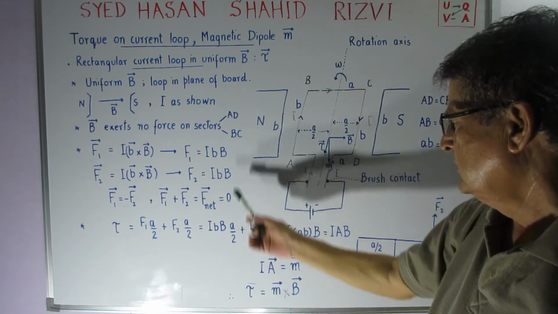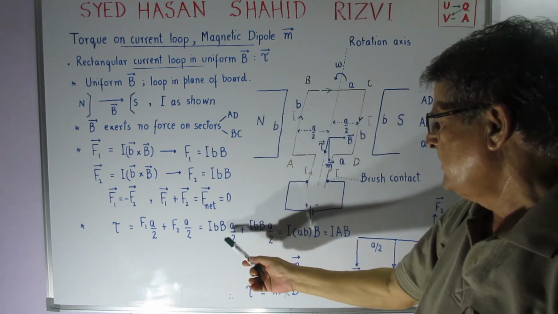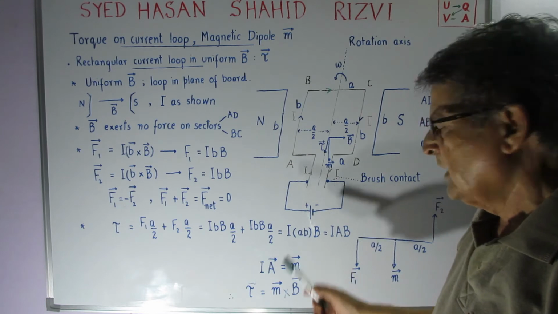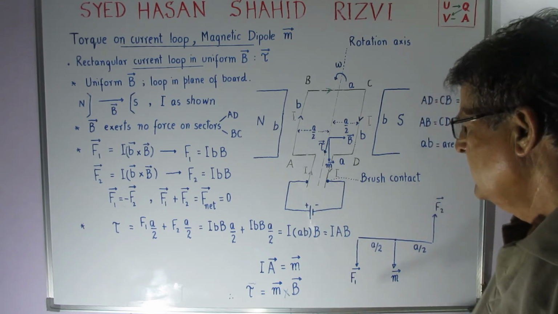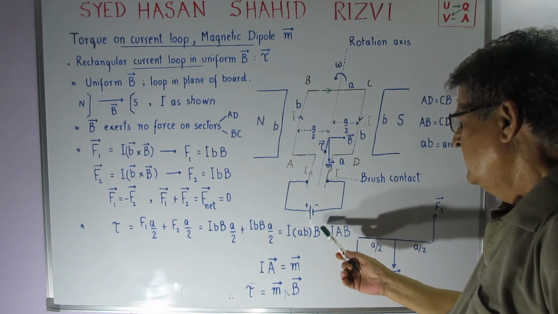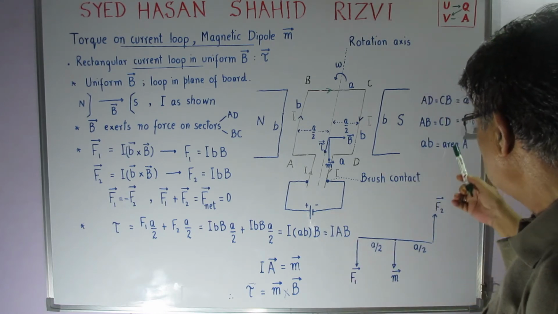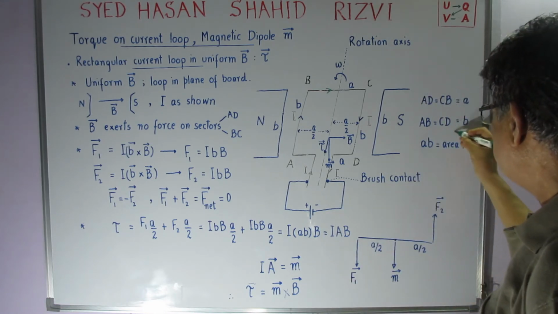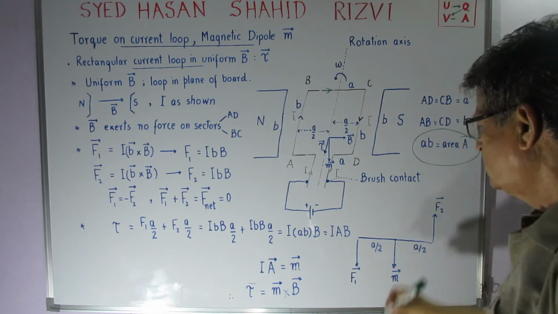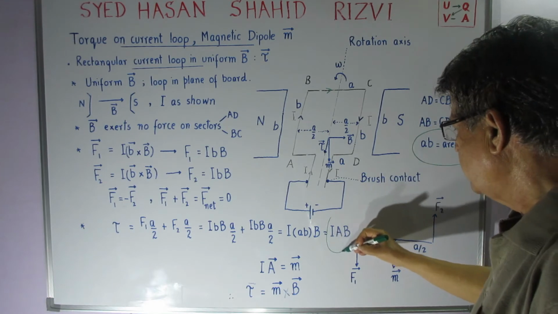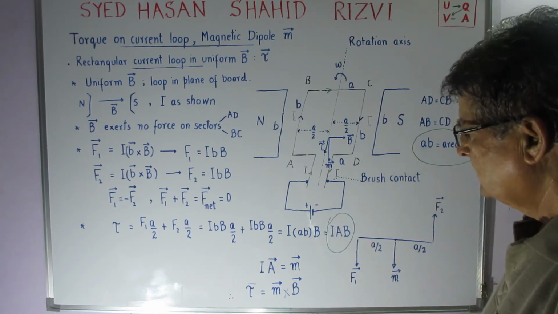So I can write the magnitude from here: IBb a by 2 plus IBb a by 2. That gives I a b into B, where ab is equal to the area that we have over here, and so I get this value as IAB.